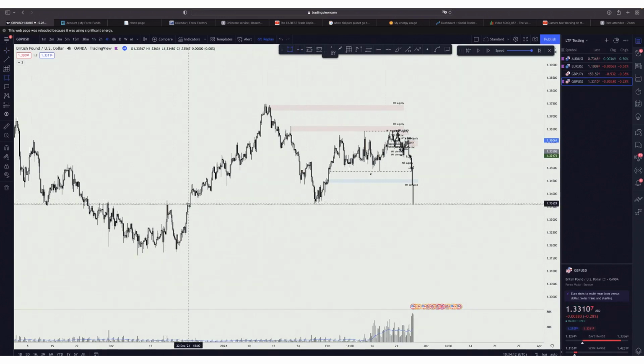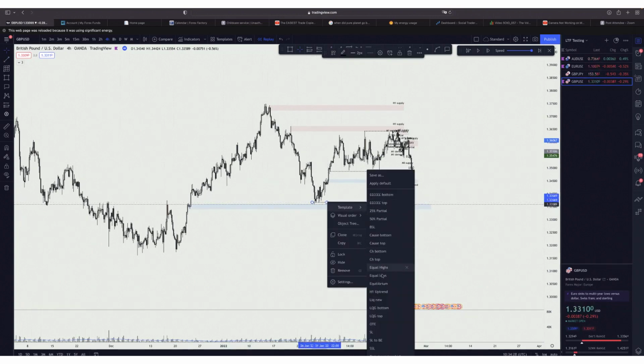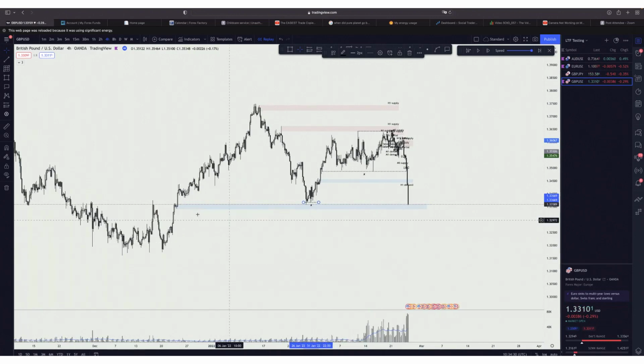So yeah, from this point now, I'd be looking at the 4-hour demands. Currently sat on one now. There is some liquidity, lower time frame equal lows under there.